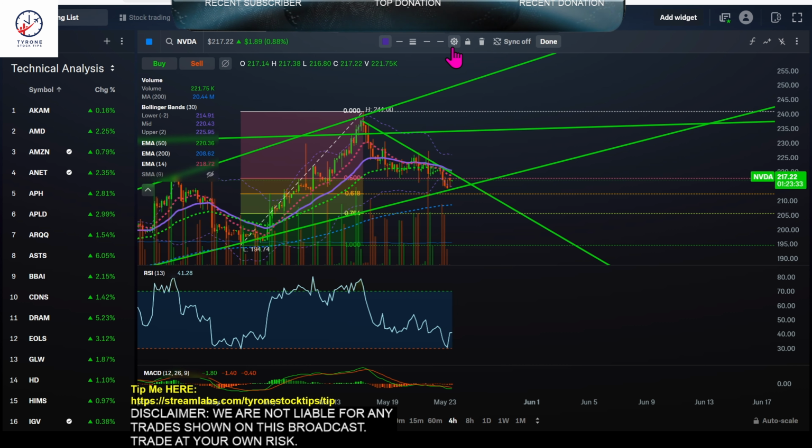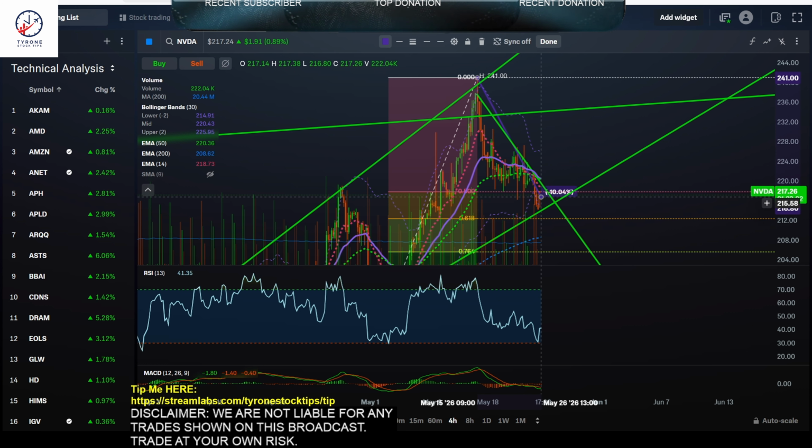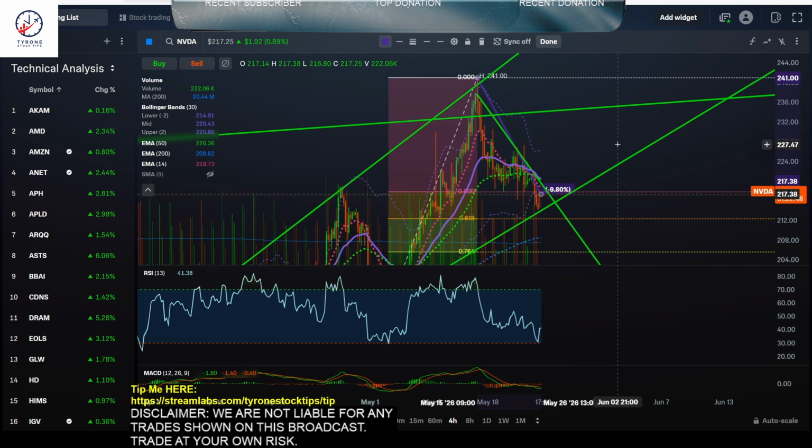It's funny, just like ANET, right? So what that means is Nvidia fell almost 10%. Let me go to the actual bottom. It fell 11% from the record high, right? So we caught this trade. I caught it at about 216. Right now it's 217. It could change by tomorrow when the market opens. But yeah, so you're looking at a possible 10% trade.